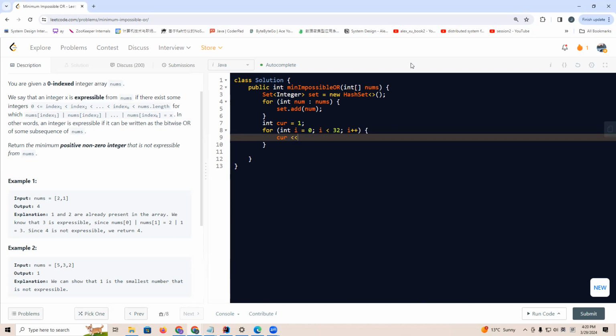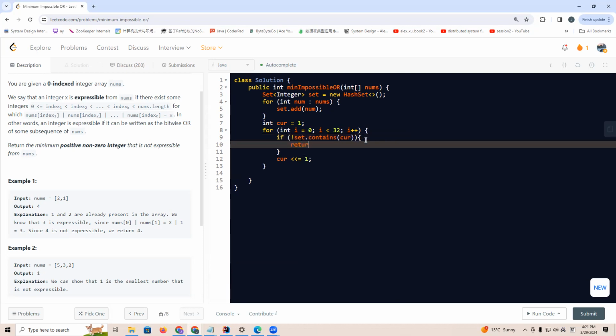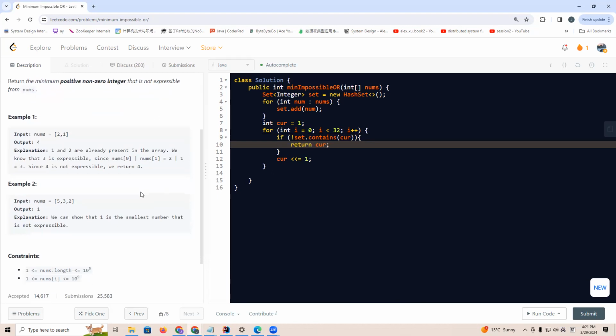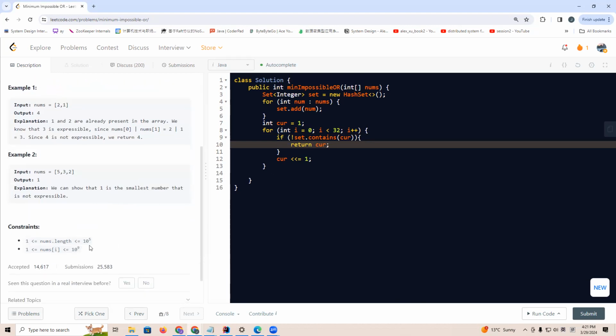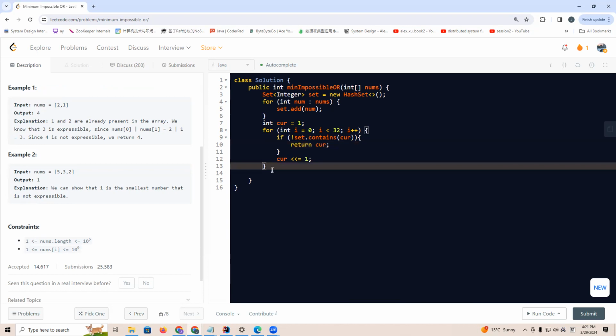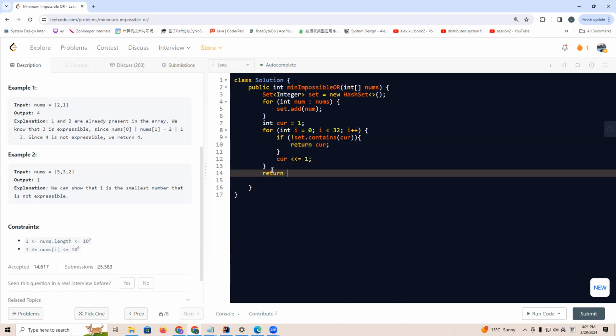We check if the set doesn't contain current, then return current. If every number has been included, we just return -1.